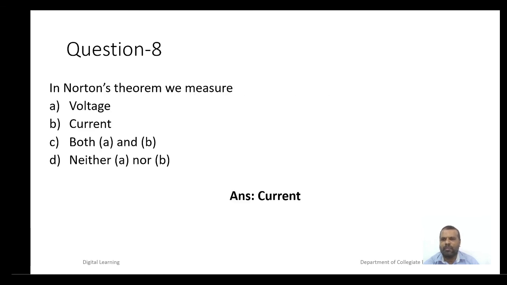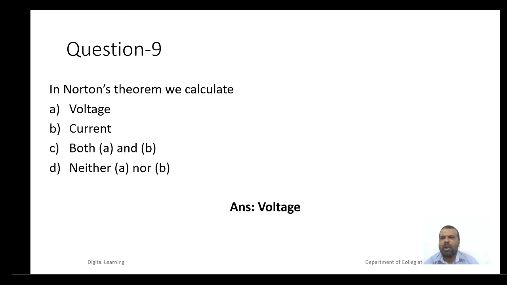Question number 8. In Norton's theorem, we measure option A, voltage, option B, current, option C, both A and B, option D, neither A nor B. The correct answer is current. Question number 9. In Norton's theorem, we calculate the option A, voltage, option B, current, option C, both A and B, option D, neither A nor B. The correct answer is voltage.